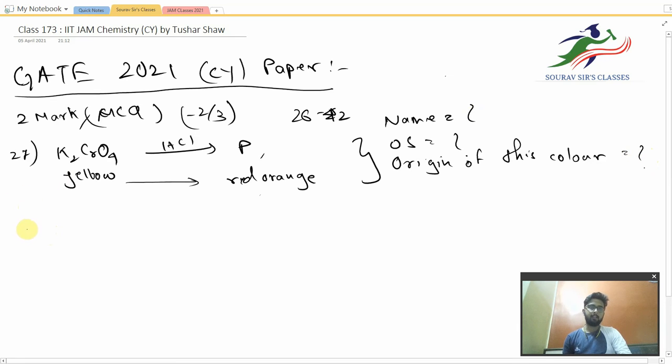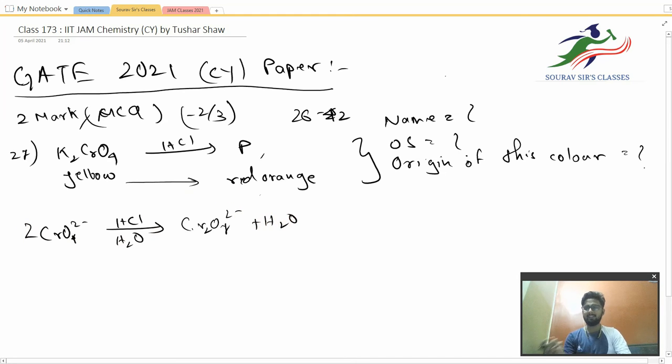In the presence of acid, oxidation takes place. CrO4 2 minus on reacting with aqueous HCl produces the dichromate ion, Cr2O7 2 minus, and some water.